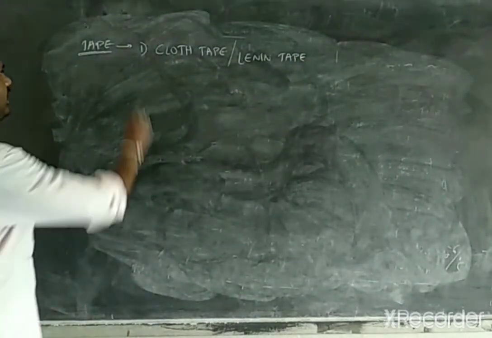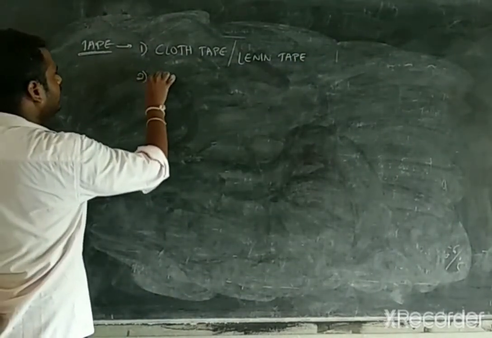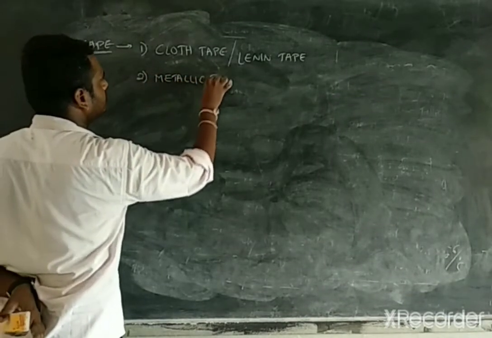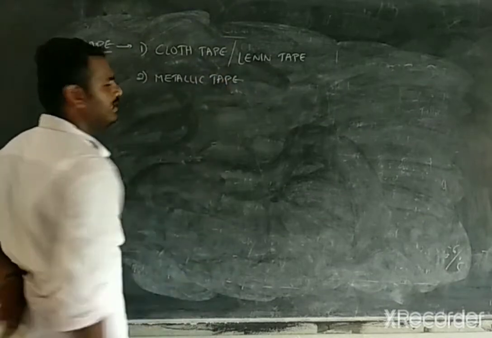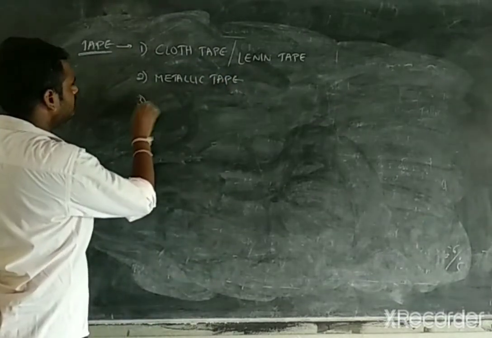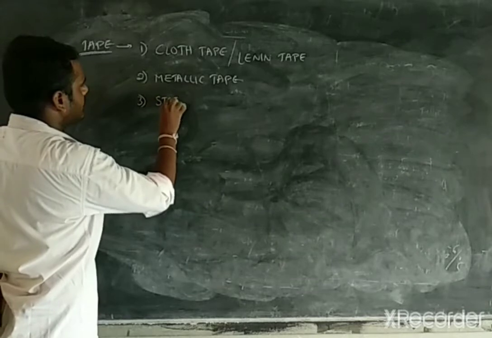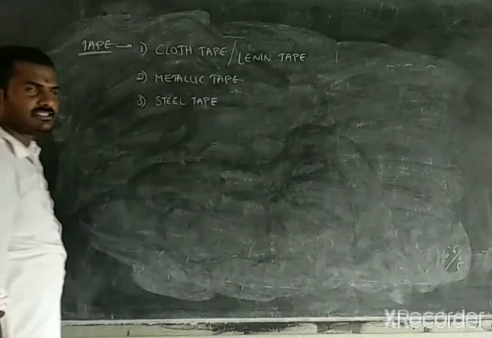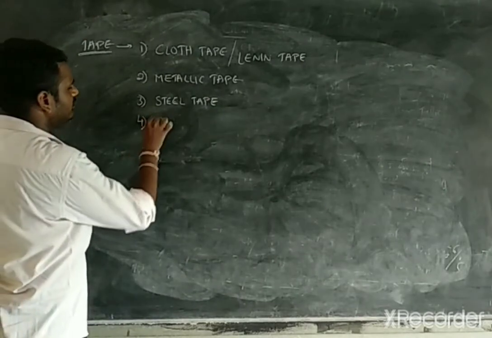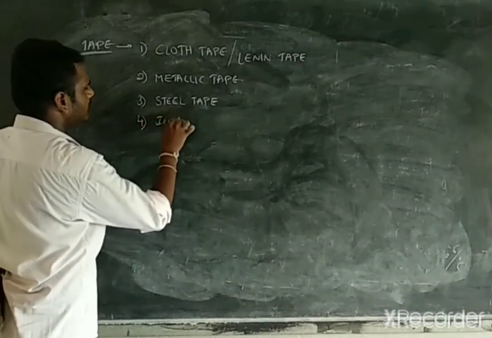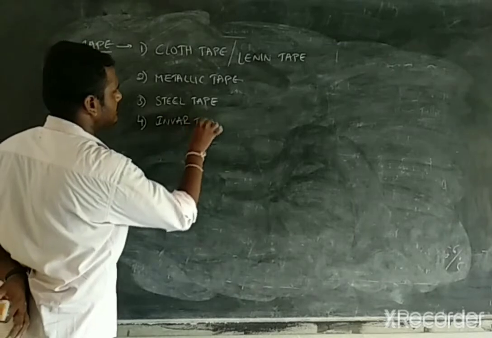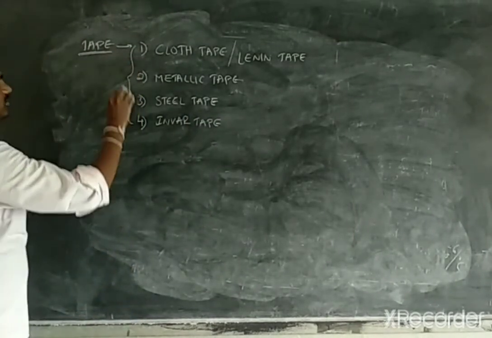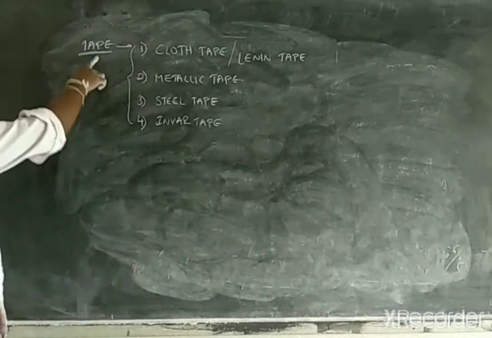Next one is metallic tape. Third one is steel tape. Fourth one is invar tape. So these are the 4 major categories, different types of tapes.